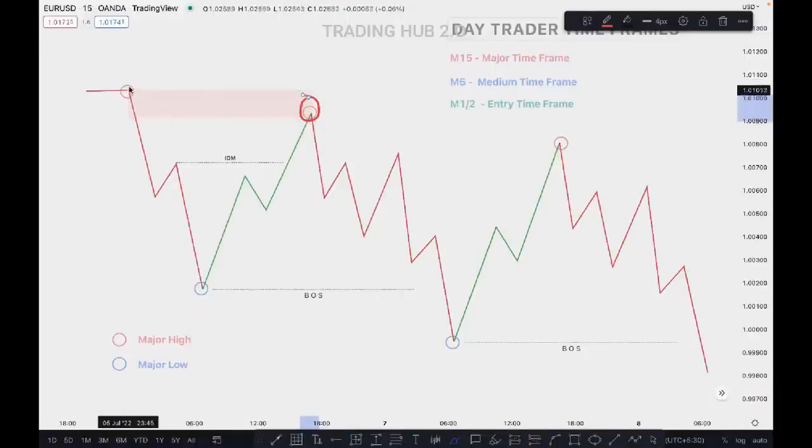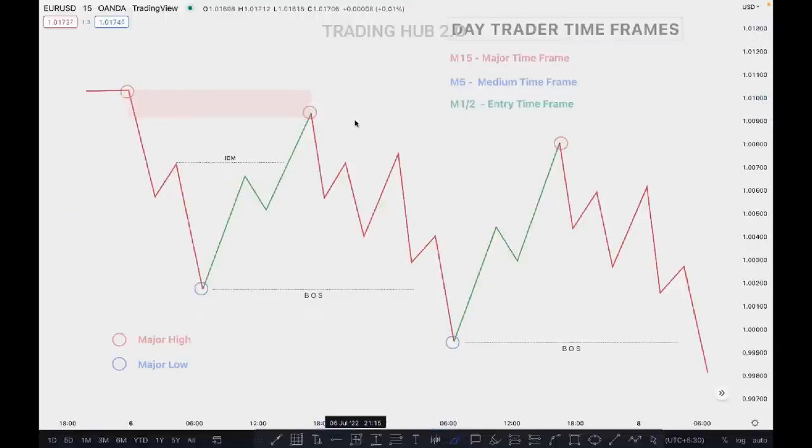This one is our M15 major high or low. The market broke the structure, took out this inducement and tapped on the supply zone. Then you have to follow the entry time frame which is applicable here. Correct. So this is our first scenario when we can apply the entry time frame 1.